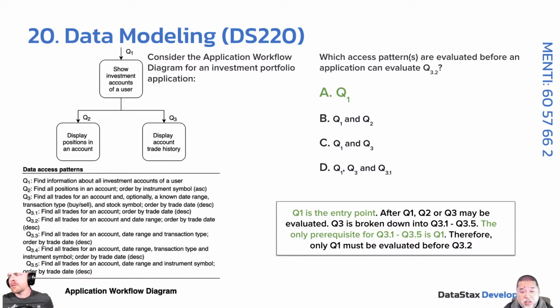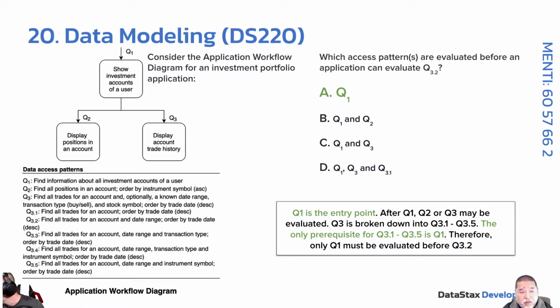But Q3, as you see in the list of access patterns below, is not one query, but several queries: Q3.1, 3.2, 3.3. Any one of those would stand in, if you will, for Q3. So what must be evaluated before Q3.2?